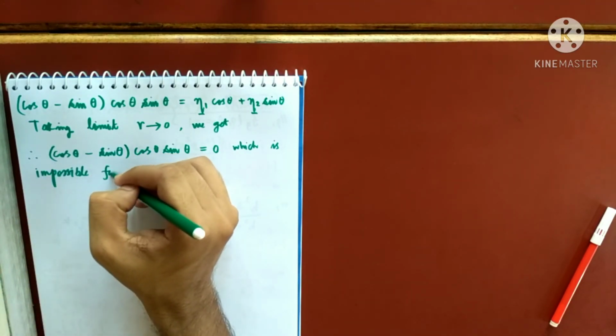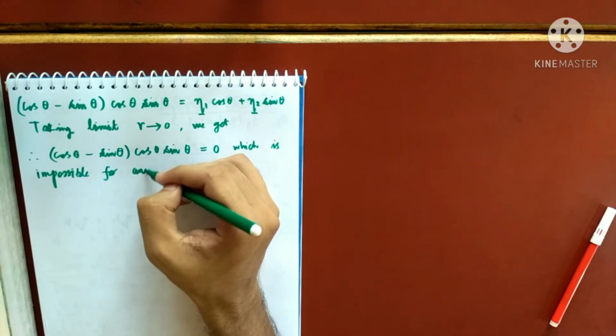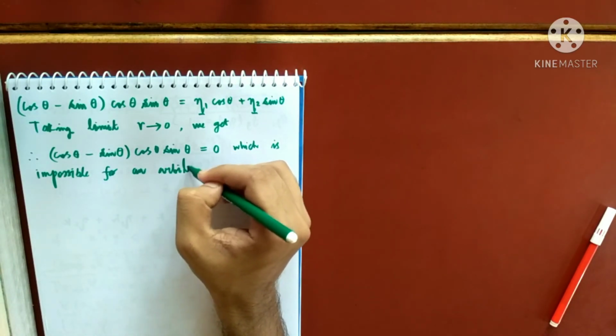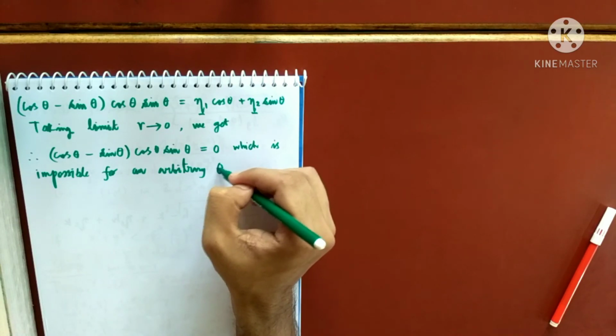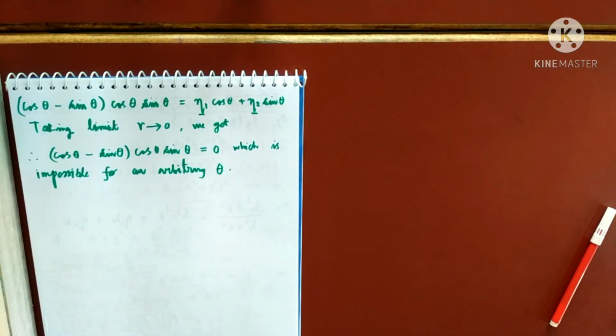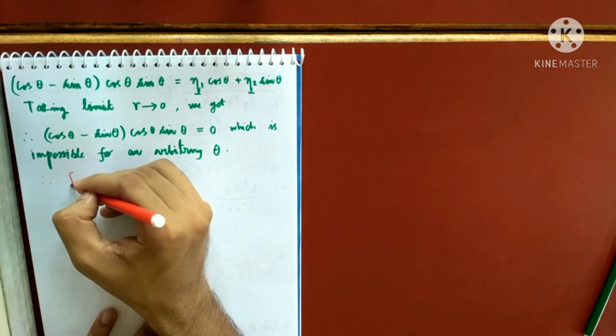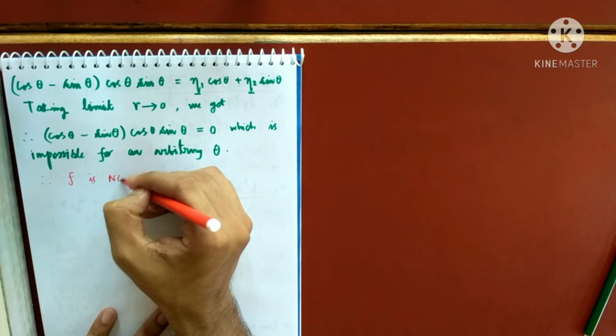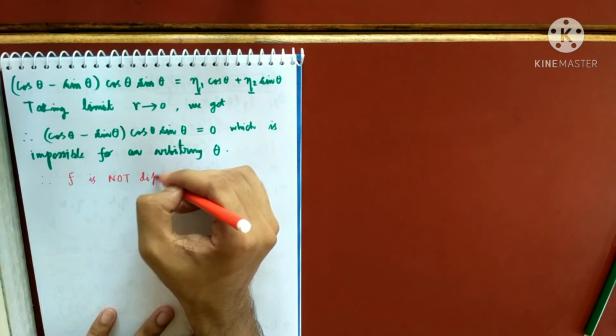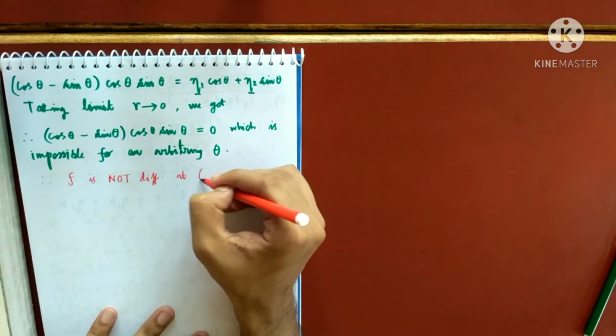for an arbitrary theta. So if I assume that the function is differentiable at 0, 0, I am led to a contradiction. That means my assumption was wrong, so f is not differentiable at 0, 0.